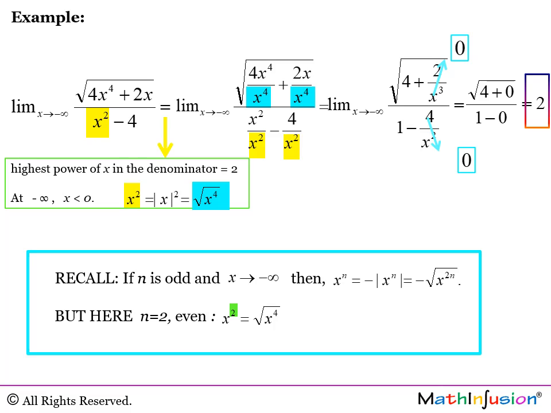So if n is odd, and you get a situation of x to the power of n when n is odd, like x cubed, x to the power of 5, then you have to do this complication with dividing in the radical differently than outside the radical. But here, n is 2, and 2 is an even number.